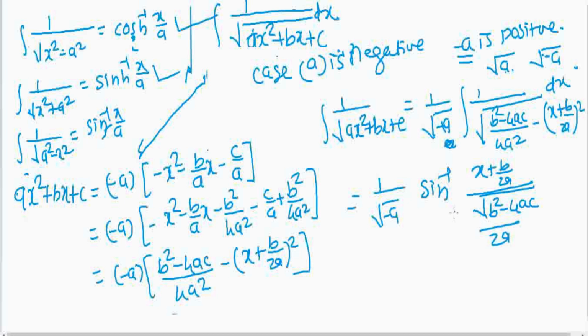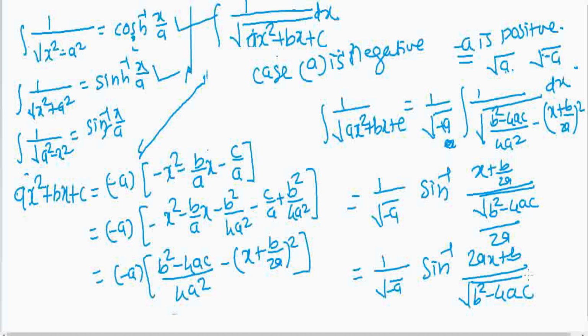Now taking the LCM in the numerator, 1 divided by the square root of minus a into sine inverse of 2ax plus b divided by the square root of b square minus 4ac, and this is the integration of this irrational algebraic function. So these are the three important formulas which will be applicable when this type of irrational function arises.